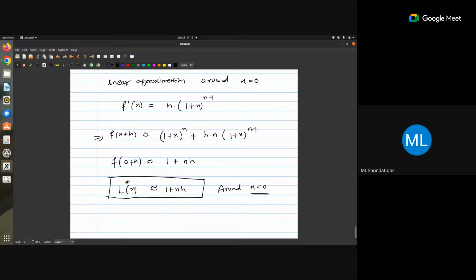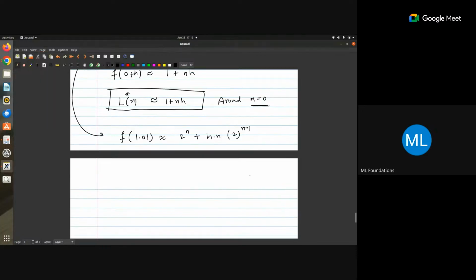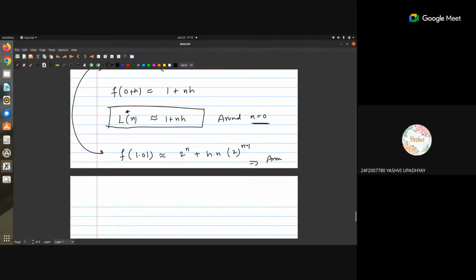So f of 1 plus h equals 1 plus 1 to the power n, which is 2 to the power n, plus h into n into 2 to the power n minus 1. And this is the approximation around 1.